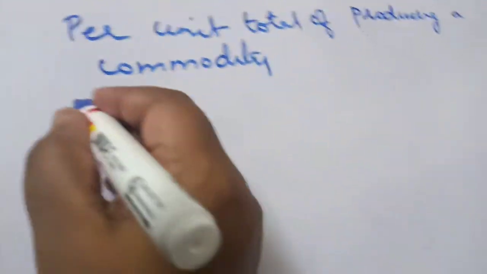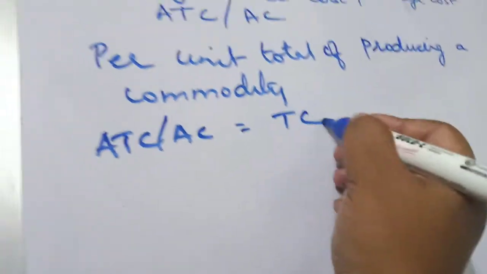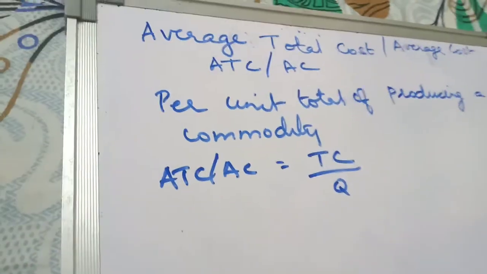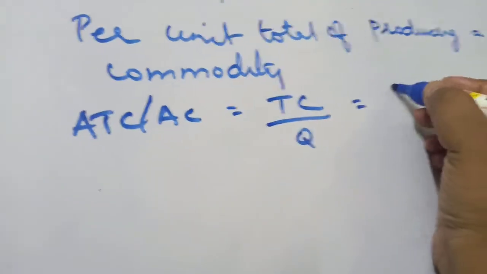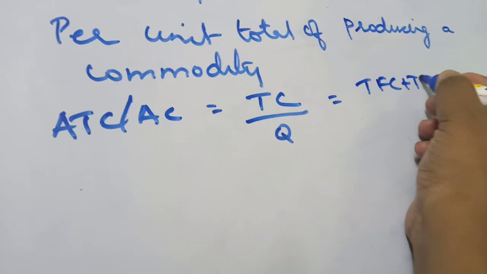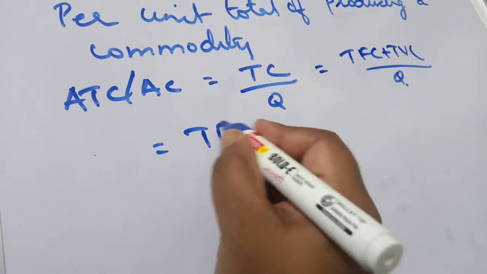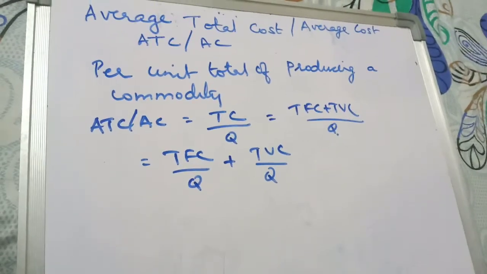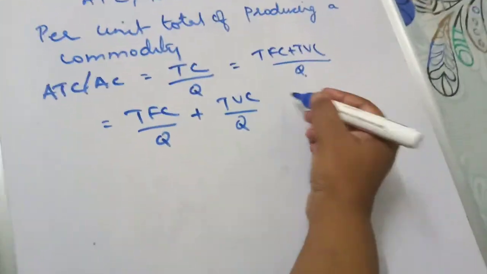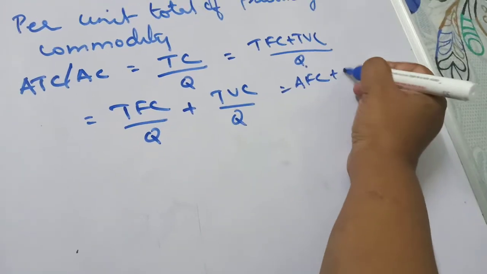Your ATC or AC, as it is called, is equal to TC upon number of units produced. Let's split this TC into TFC plus TVC, the whole upon Q. So this can be written as TFC upon Q plus TVC upon Q. TFC upon Q is AFC, and TVC upon Q is AVC.